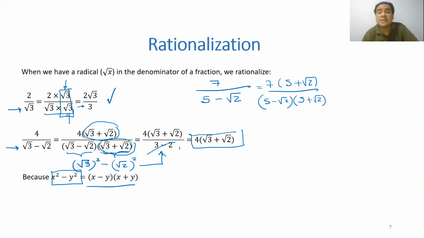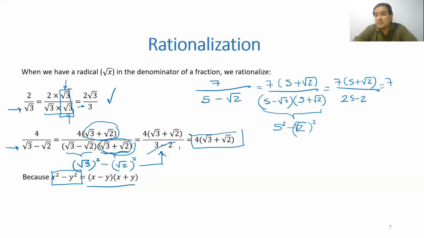By multiplying by the sum, we form this product here that equals the difference of squares, meaning 5 squared minus square root of 2 squared. So here we would have 7 times 5 plus square root of 2 divided by 25 minus 2. So we have the answer 7 over 23, times 5 plus square root of 2. So that's it.